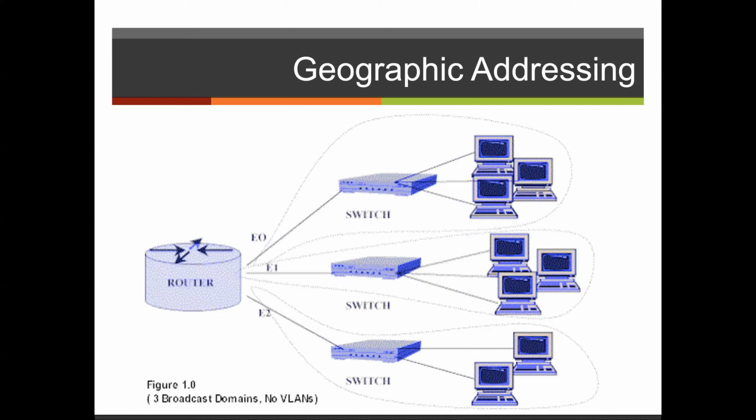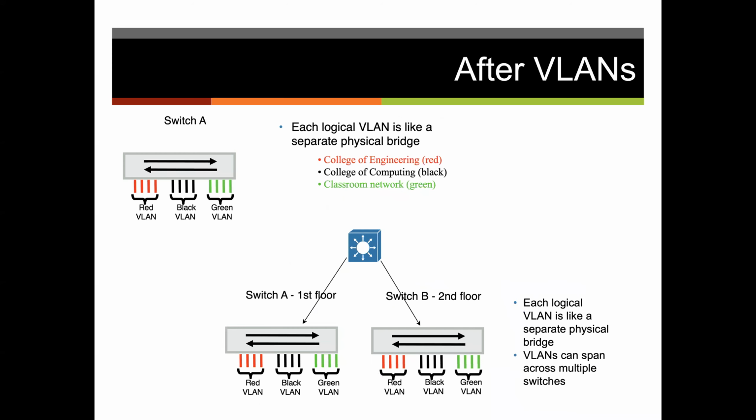And so, generally speaking, in a typical setting, we would have just a router with switches connecting multiple devices. But if we wanted to incorporate a virtual local area network, we would need an appropriate switch to be utilized.